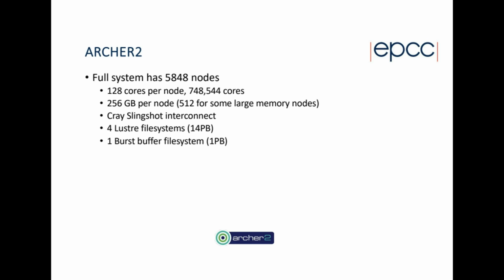That gives us just under 750,000 cores in the system. Obviously today we're talking about OpenMP, so we're really focusing on what goes on inside a single node. There's 256 gig per node, except for a few large memory nodes, and there's a fast interconnect and high performance file systems.